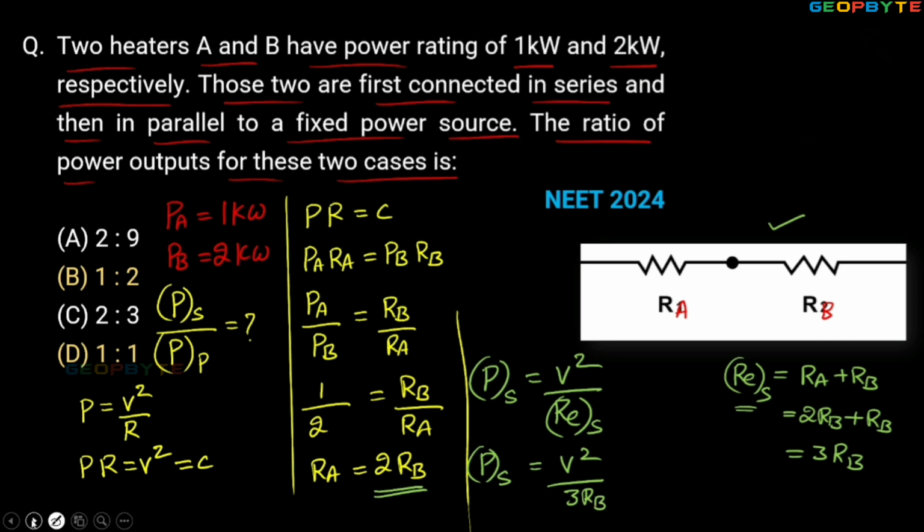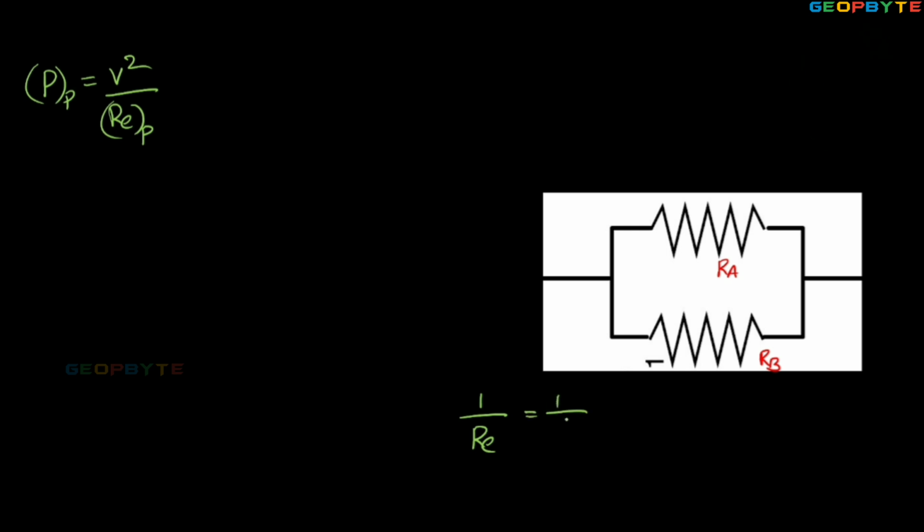Yes. Similarly, let us take the parallel arrangement. For the parallel arrangement, the power is V square by equivalent resistance for the parallel arrangement. For the parallel arrangement, 1 by equivalent resistance equals 1 by RA plus 1 by RB, which can be written as RB plus RA divided by RA RB.